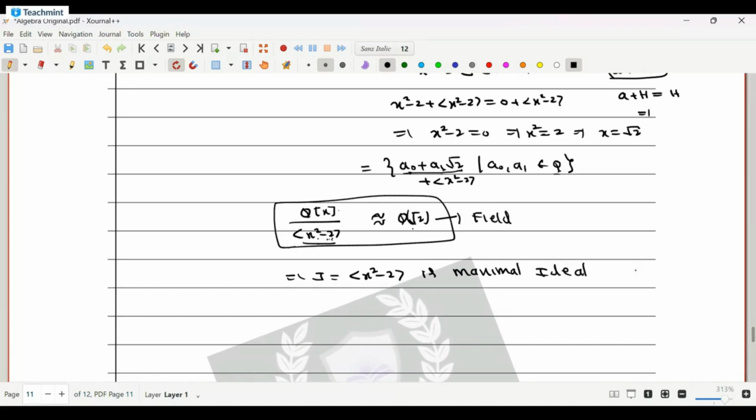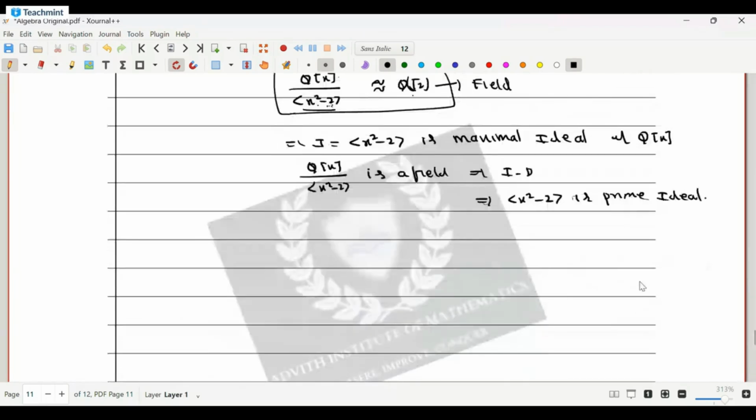Right? So therefore, ideal of Q over x. So if it is a field, so therefore Q over x by x square minus 2 is a field, which implies integral domain. So if it is an integral domain, then I is equal to x square minus 2 is a prime ideal.